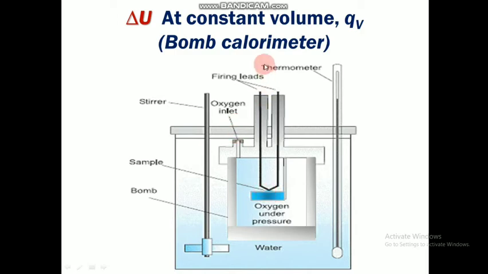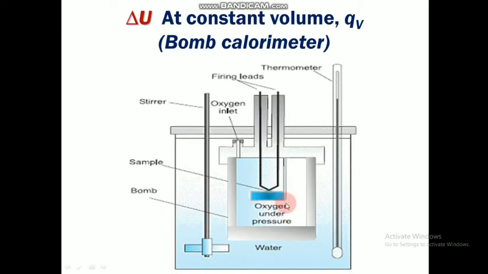And the other part is the firing lead. We can say it's a lighter kind of thing. Firing leads are nothing but, when we connect electricity here, it makes an electric spark. So an electric spark is made inside the vessel so that we can ignite the sample. So here what we do is we ignite the sample and we are burning the sample.